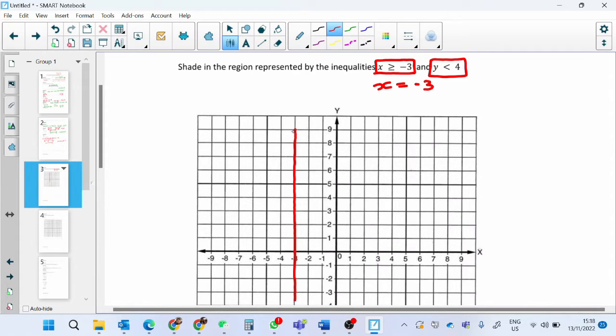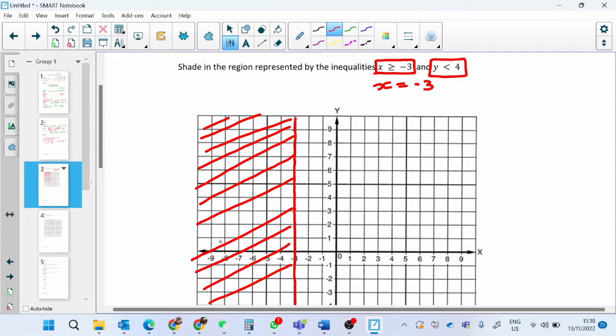So the side which is not represented, I will just cancel it out to make it easier. The x is smaller here, so I'm just canceling this region, right? So this region, x greater than negative 3, is the represented region.